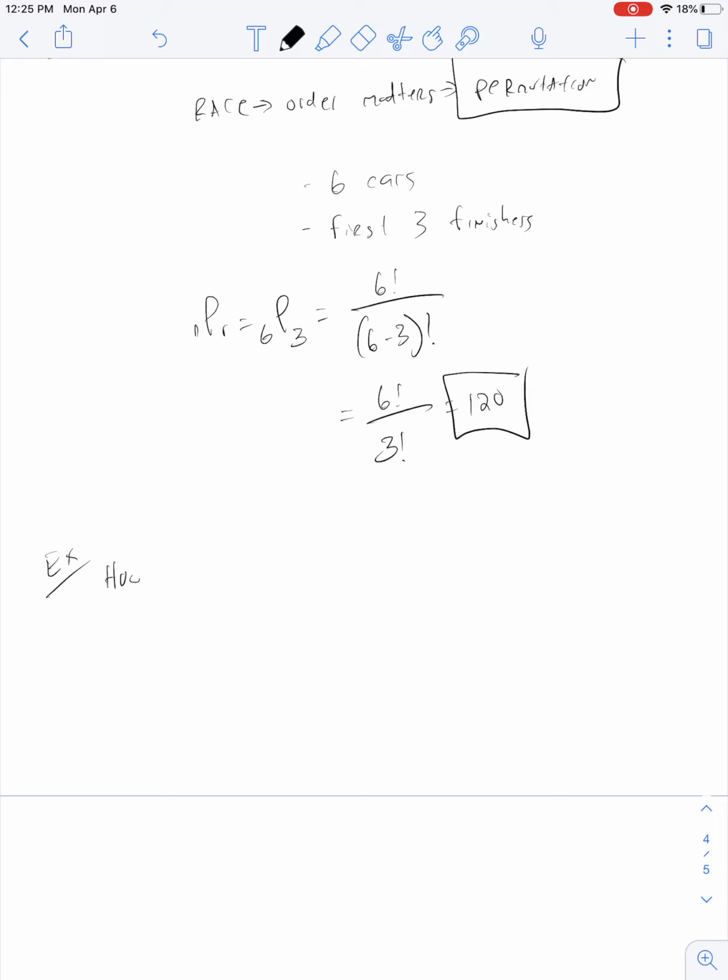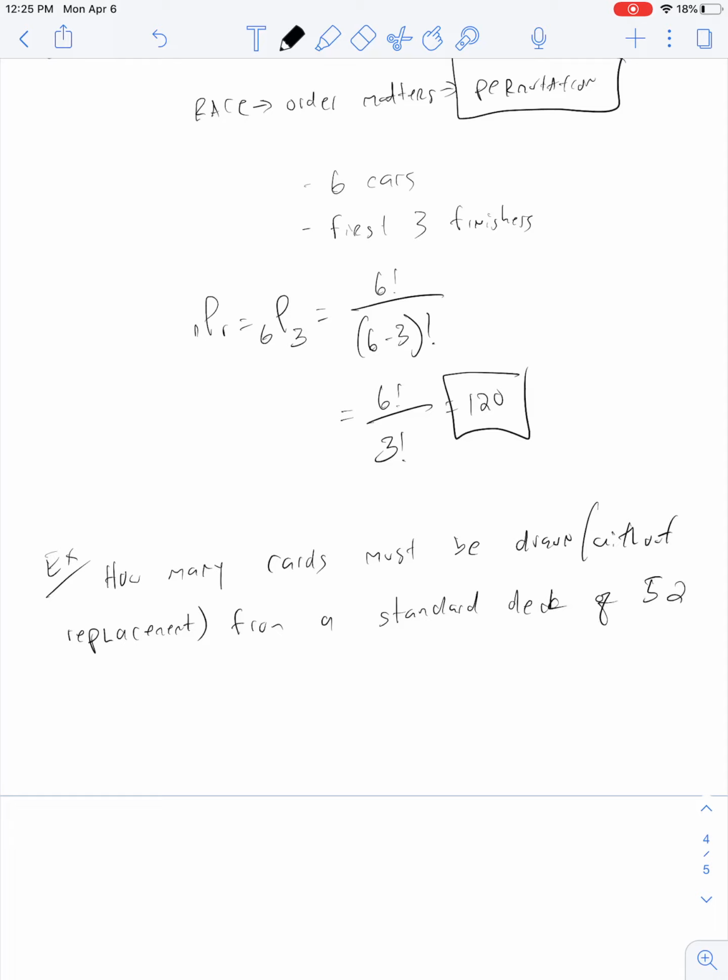How about how many cards must be drawn, it says, without replacement from a standard deck of 52 to guarantee that 6 of the cards will be the same suit.